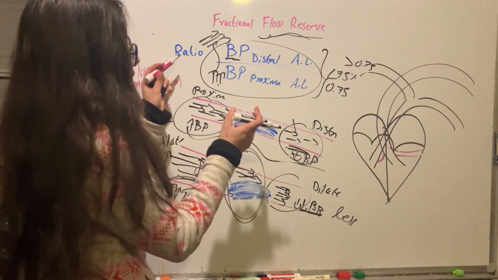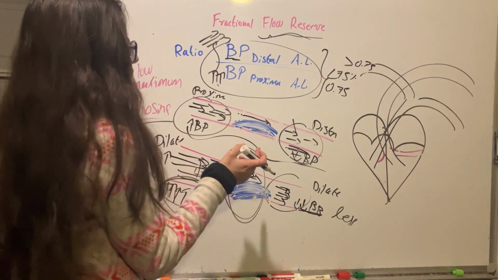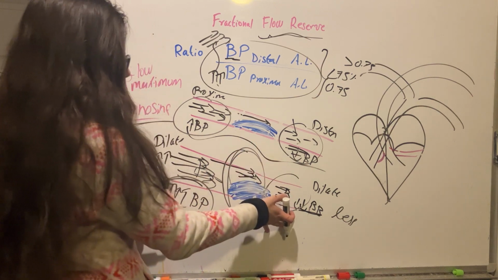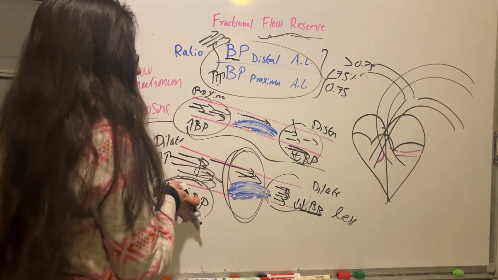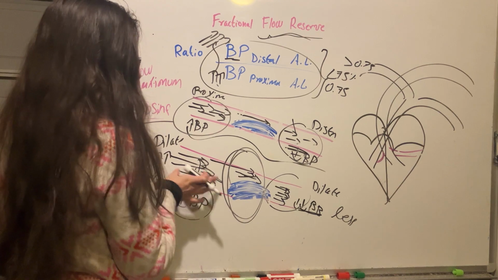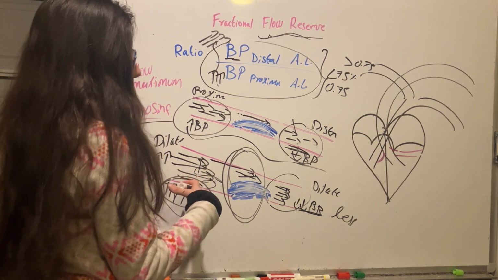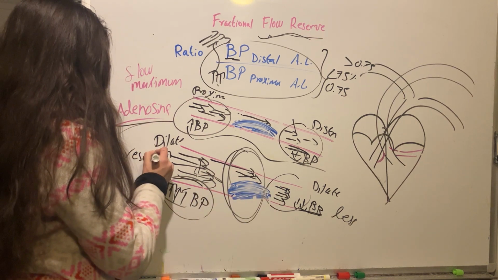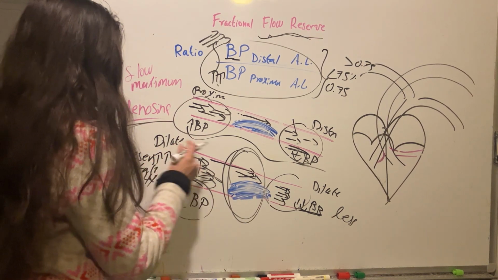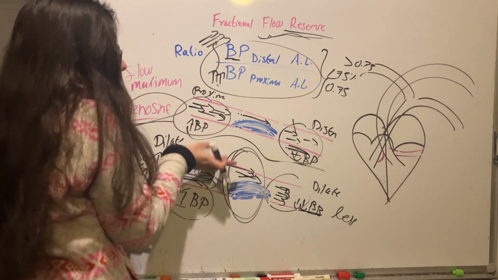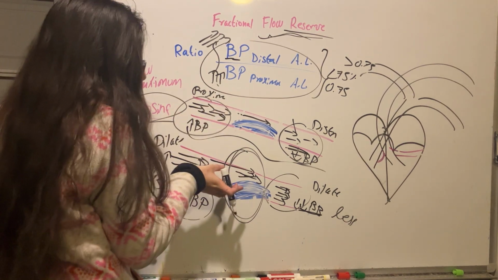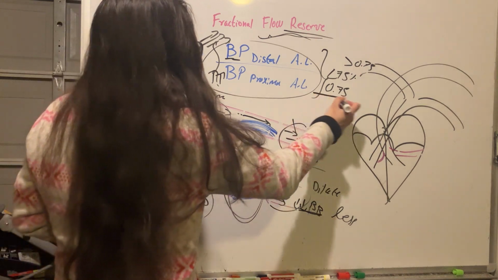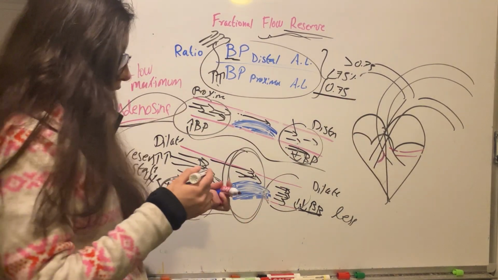So the fractional flow reserve is a measure of the blood pressure distal to the atheromatous plaque compared to the proximal segment of the coronary artery at the reserve status. So when coronaries are maximally dilated, if this, during adenosine effect, I mean during the flow reserve status, is greater than 0.75, this is considered a severe lesion.